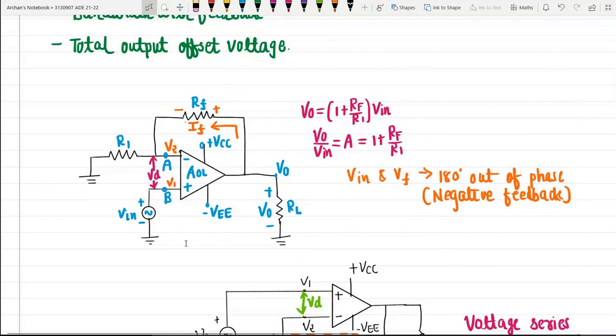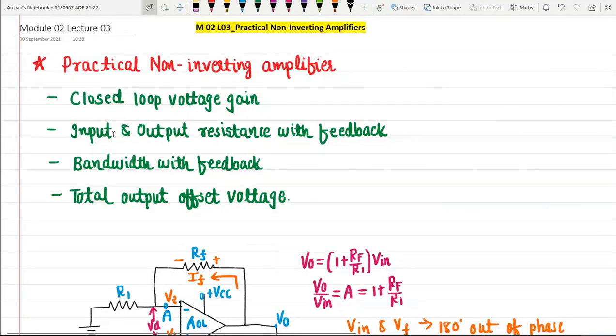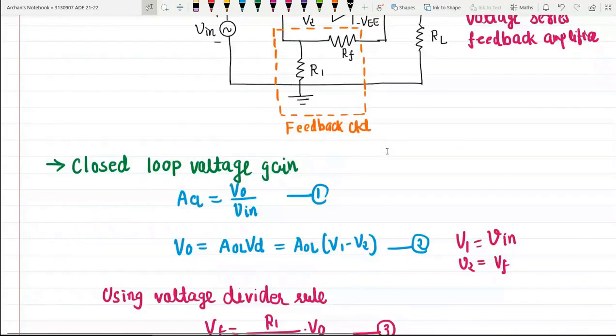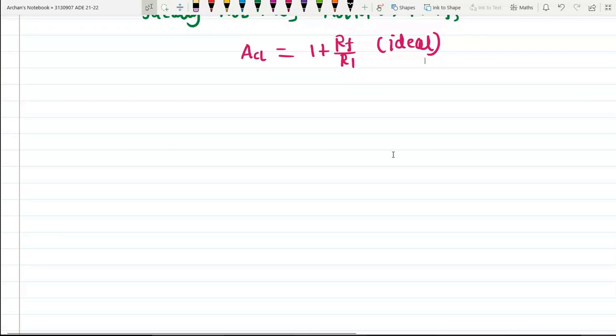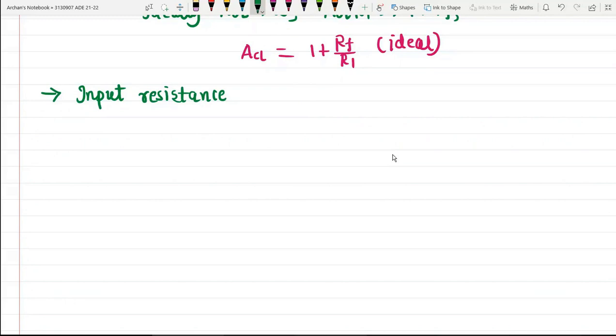Now let us try to derive the input and output resistances with feedback. Ideally the input resistance must be very high, and let us see the effect of providing feedback to the amplifier. So now we will derive the equation for input resistance with feedback.